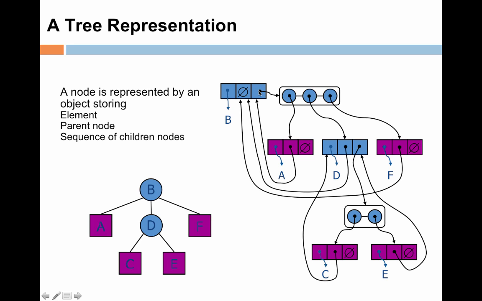Now this node, as you can see, has some information about the descendants of B. Right? In other words, the children of B are represented by this particular data object, which has pointers to this node, this has a pointer to this node, and this has a pointer to this node, and so on.